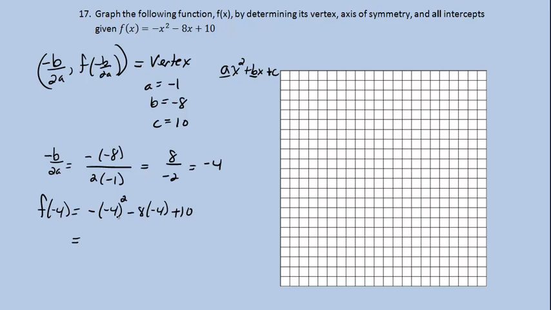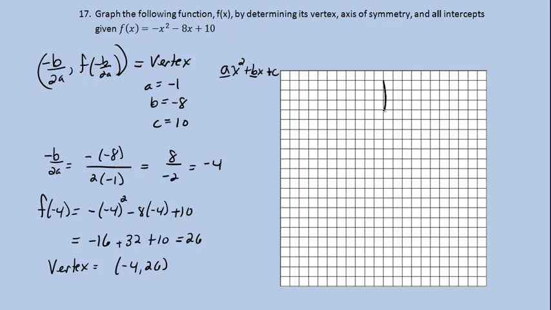So negative 4 squared will be 16 times a negative, which gives me negative 16. Negative 8 times a negative 4 gives you a positive 32, still plus 10. Negative 16 plus 32 is positive 16. Plus 10 equals positive 26. Therefore, I know my vertex is equal to (negative 4, positive 26).